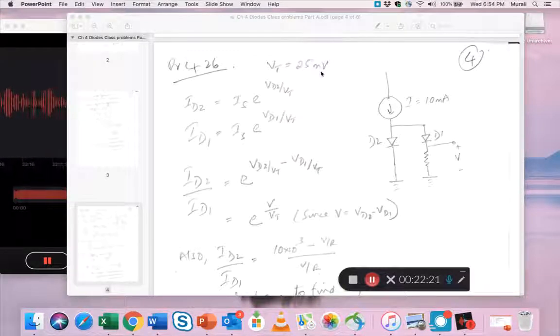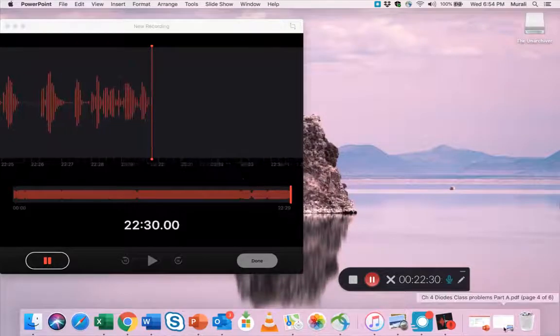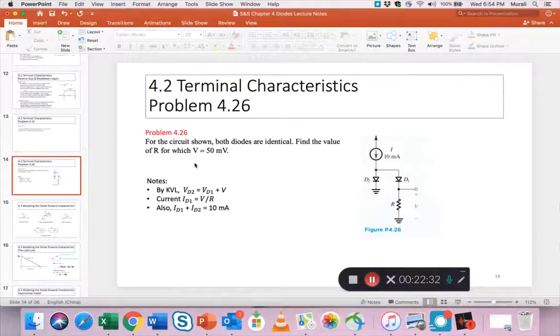So we know Vt is 25 millivolts. We are writing again two currents, right? Because what are we asked to find? Find the resistance, right?